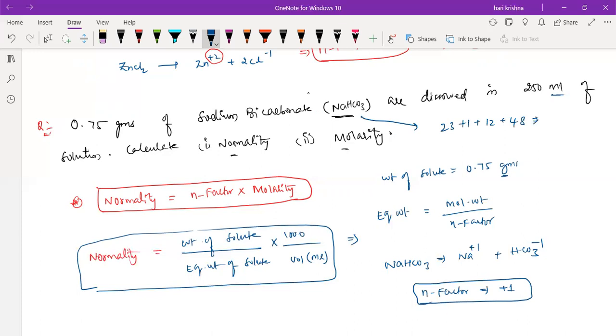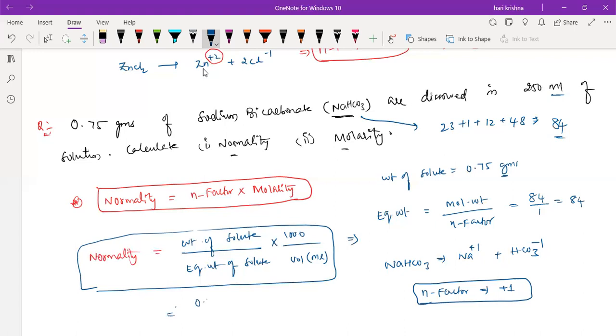If you add everything, you'll get 84. Now substitute: equivalent weight is 84 by 1, which is equal to 84.